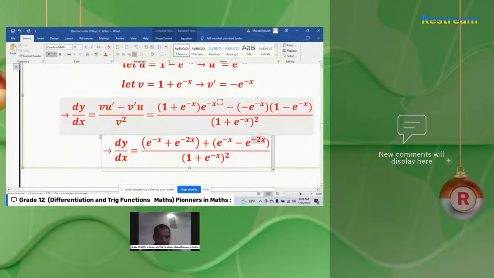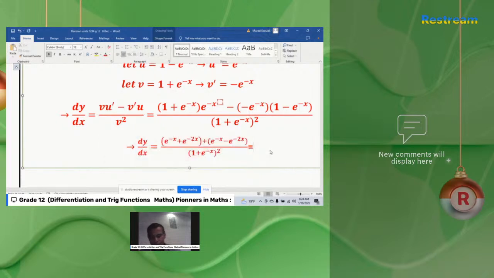So this one, learners, is in fact equal. I will now write all of this again, copy, and the last answer is that. The last answer, learners, is that.